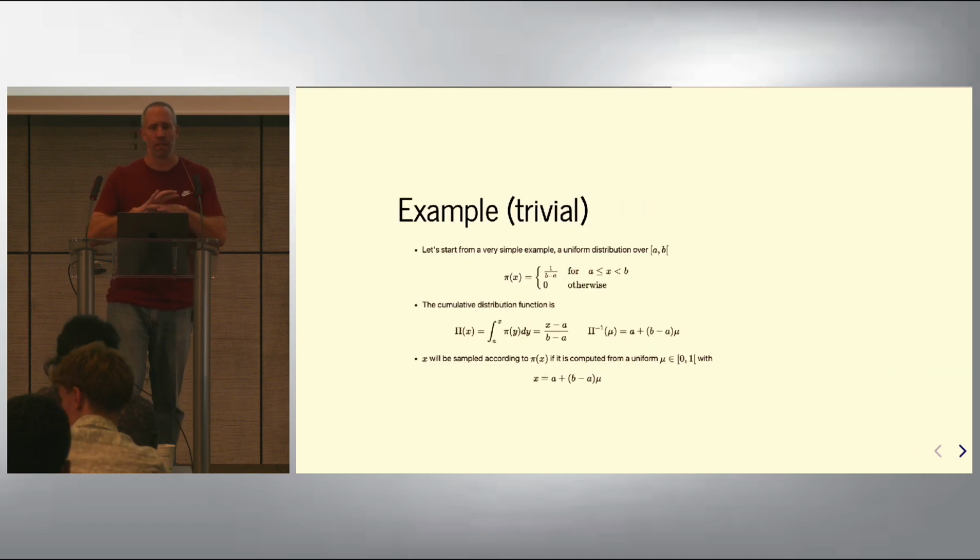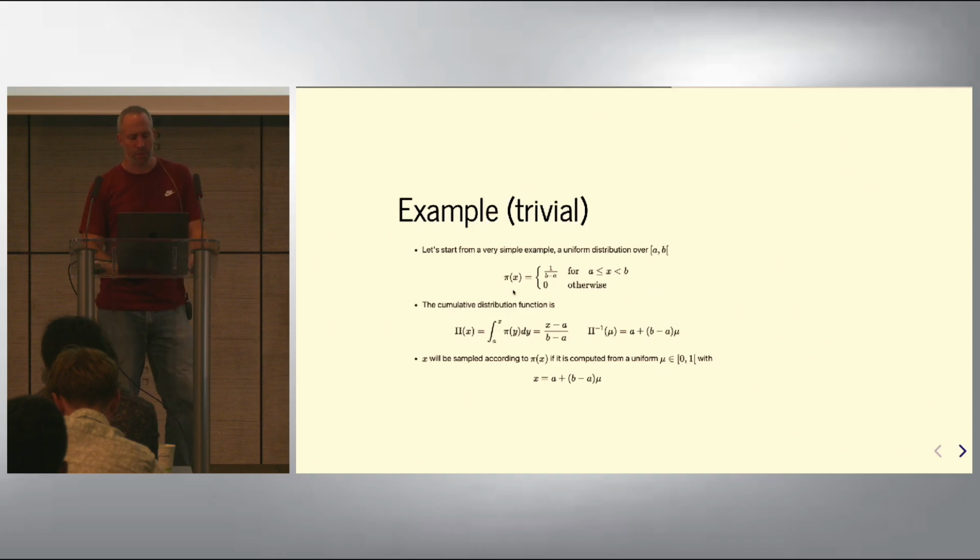So let me take two examples. The first one is completely trivial. Let's say that I want to draw uniformly, but not between 0 and 1, but between a and b, okay? Well, then my probability distribution is 1 over b minus a, whenever x is between a and b. The cumulative distribution function, well, this time the integral is really easy to do, just x minus a divided by b minus a, okay? And I can invert it.